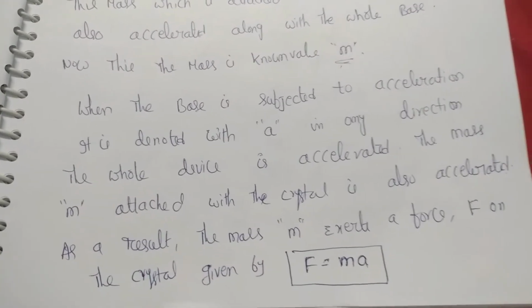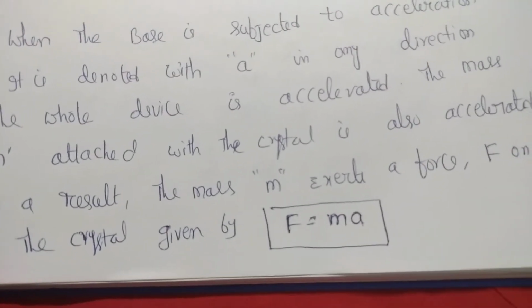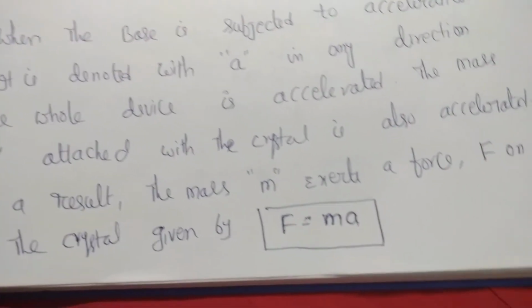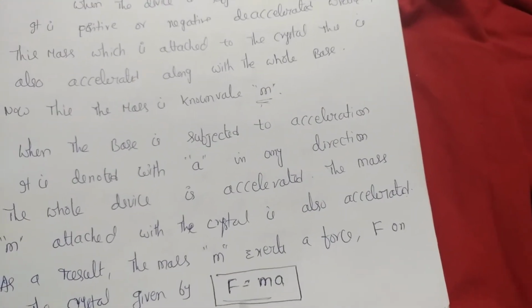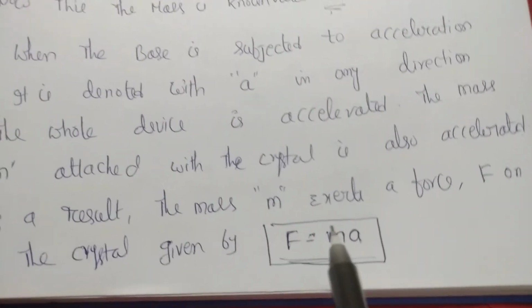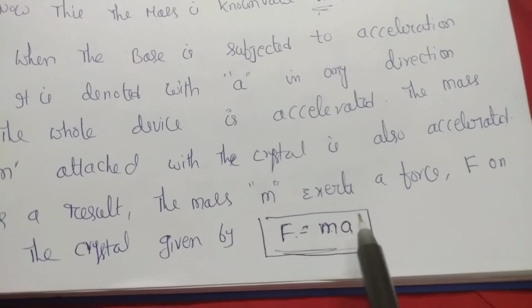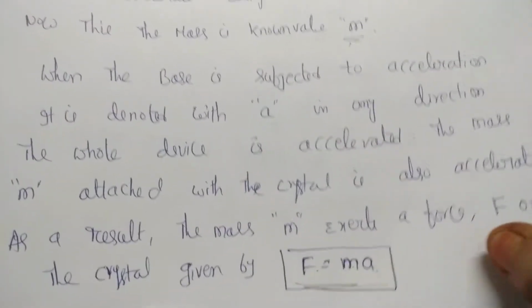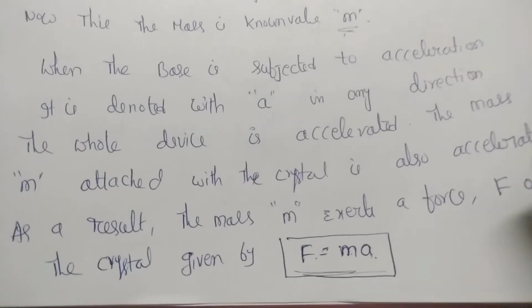As a result, the mass m exerts a force F on the crystal. So the force on the crystal is given by F equals ma, where F is force, m is mass, and a is acceleration.